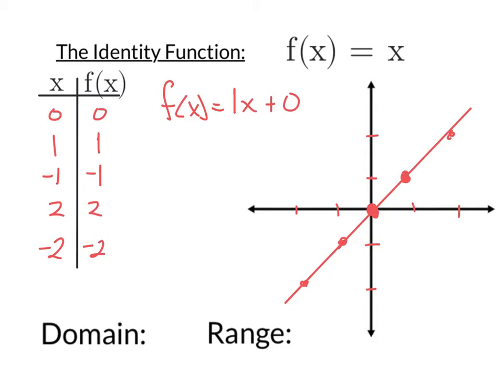And we get this line. Now when we're talking about domains and ranges, again, x can be anything we want it to be. It can be positive, negative, 0, fractions, decimals, square roots, it doesn't matter. And since it's the identity, whatever we put in is exactly the same as what we get out, the range is also going to be all real numbers.